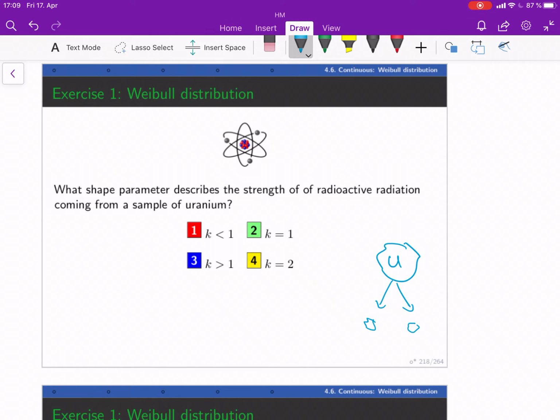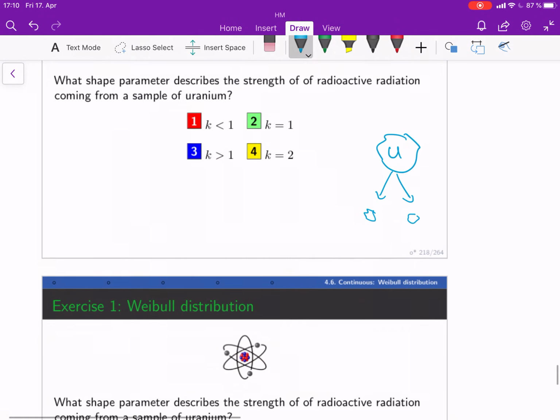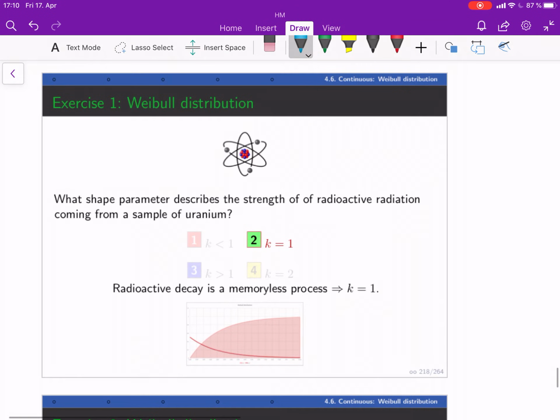And how would you describe it? What shape parameter do you think we should use for something like that? Obviously it's an example a bit out of physics, which is my background, so I find that quite exciting. If you haven't ever heard much about radioactivity, don't worry if you didn't really guess the right answer.